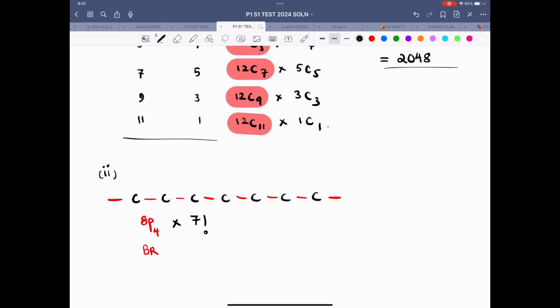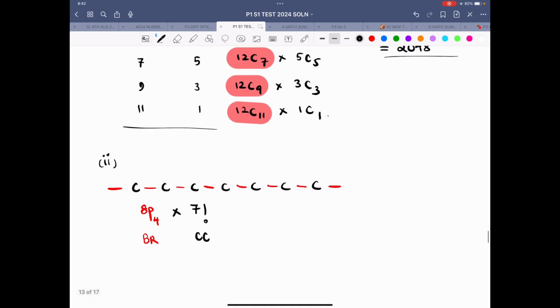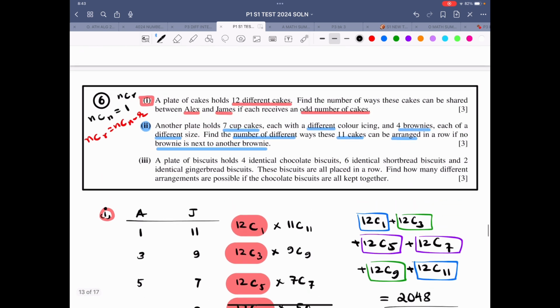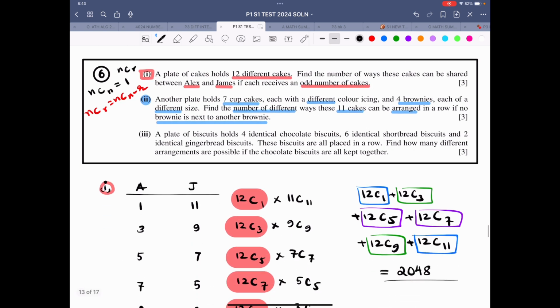So this is for the cupcakes, this is for the brownies. Use a calculator, and yes, it's a big number, and leave the answer in the exact form: 8467200. This is an exact answer, leave it as it is. So that is the answer for this part, and that is how the space concept is used, the way that I have taught you.